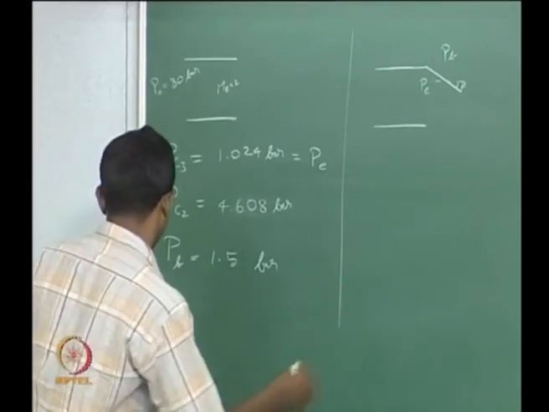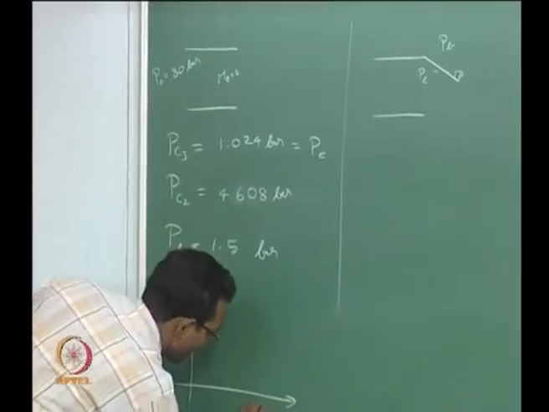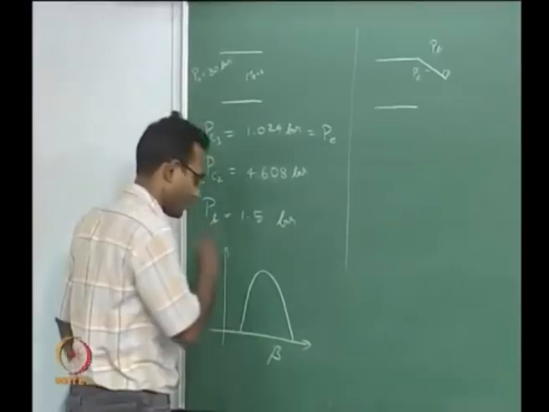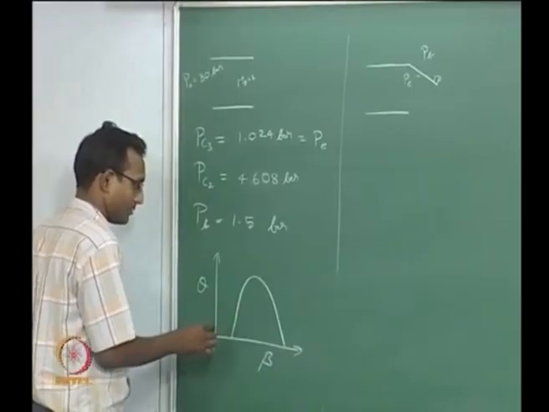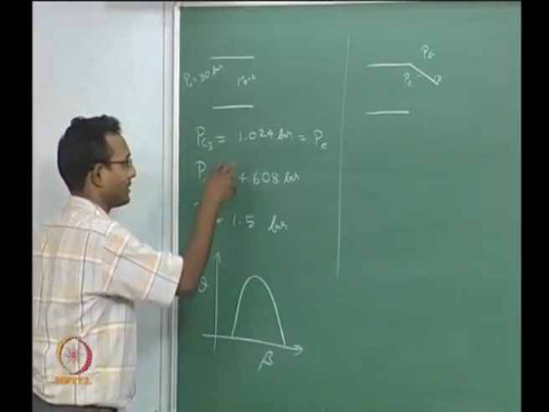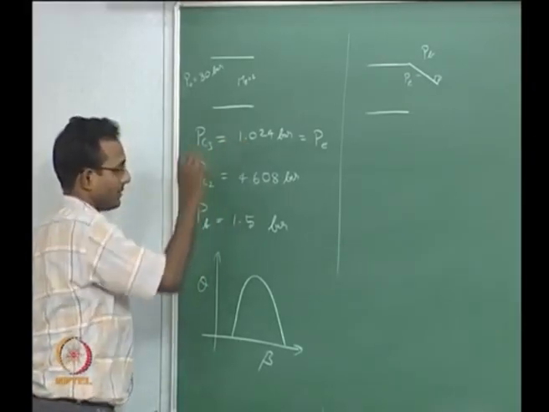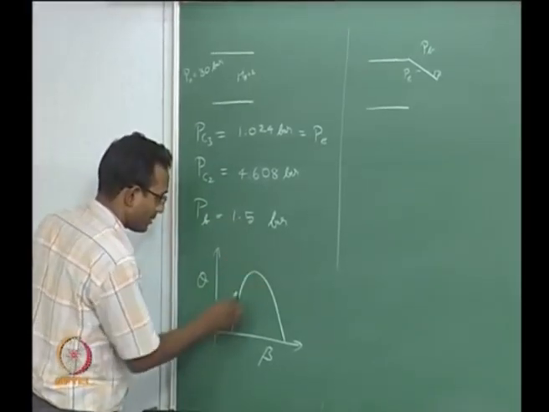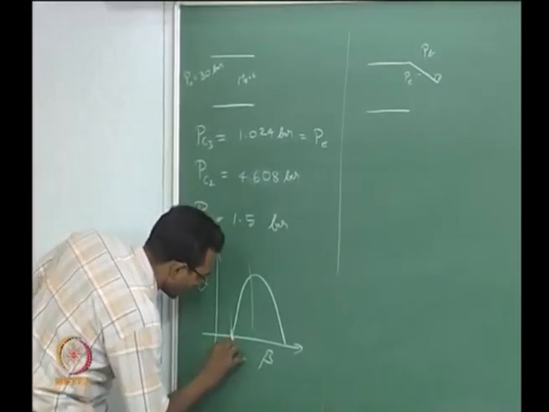So we were discussing last class and we said that the theta beta M curve looks like this for any oblique shock for a particular Mach number, and now we have to look for some solution reasonably close to that pressure because it is not very far. 1.5 is somewhat close to 1.024, which means I am most likely going to be in this weak region, and so I have to guess some beta value inside this range, and we said that this value was 30 degrees.